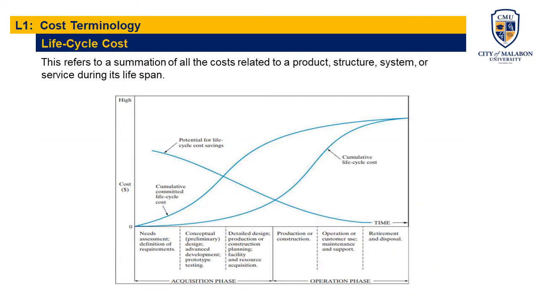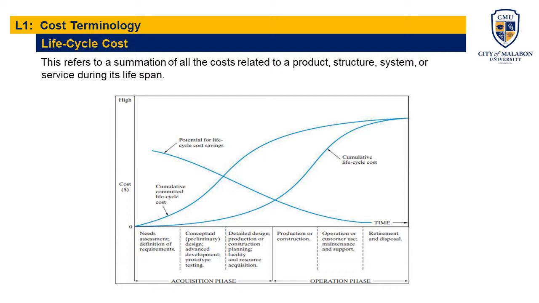Next, life cycle cost. Life cycle cost refers to the summation of all the costs related to a product, structure, system, or service during its lifespan. A simple illustration is provided here. In engineering practice, this term life cycle cost is often encountered.